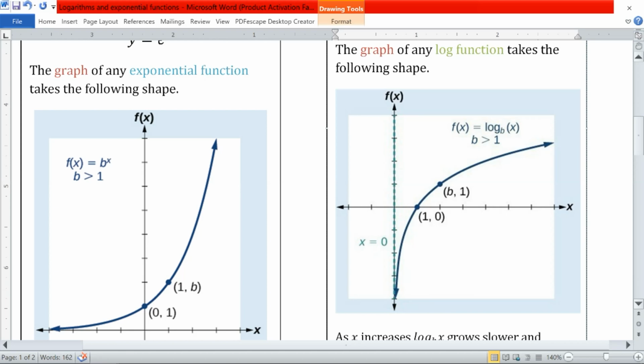The rate at which it keeps rising keeps decreasing, if you can understand what I just said. So that's what I mean in the next sentence, when you copy that: for the log graph, this curve is growing slower and slower, but it's growing. It's going up, but as x increases, it grows slower and slower.